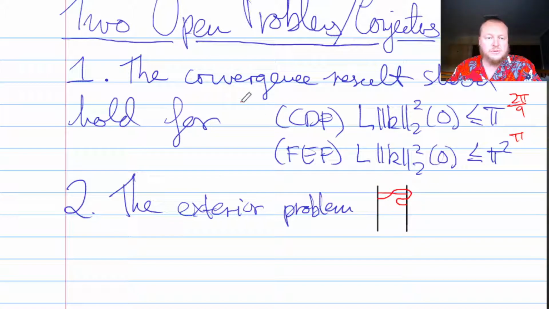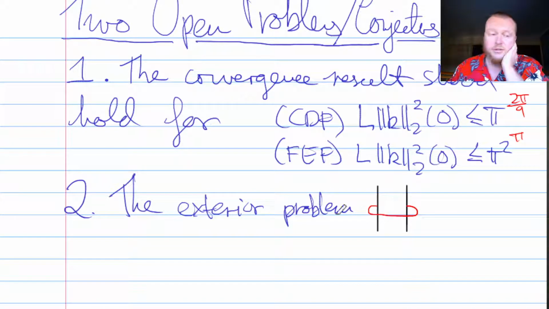The exterior problem is when you have double hooked curves, like that. And I think this is quite interesting because there's no equilibrium with these boundary conditions. So this is expected to converge to a singularity. So this is expected to be quite bad in its behavior.